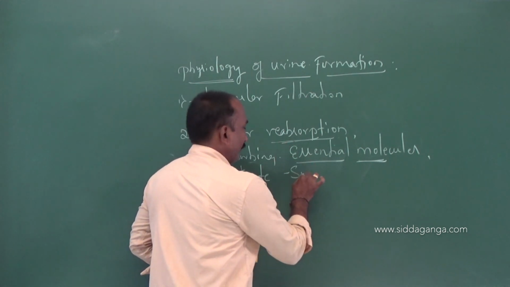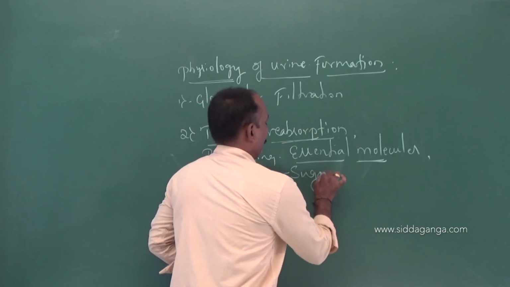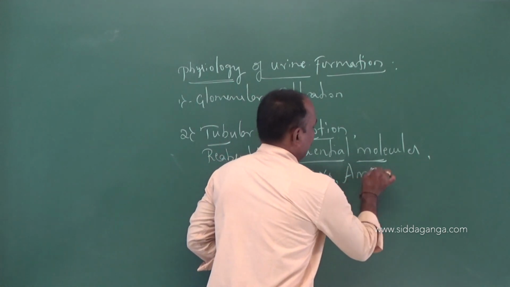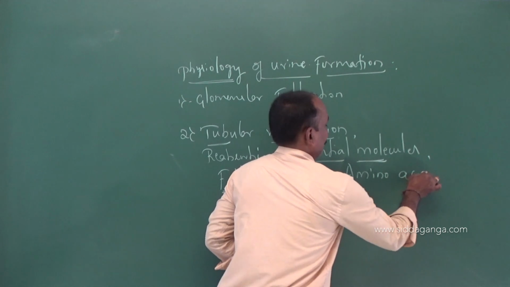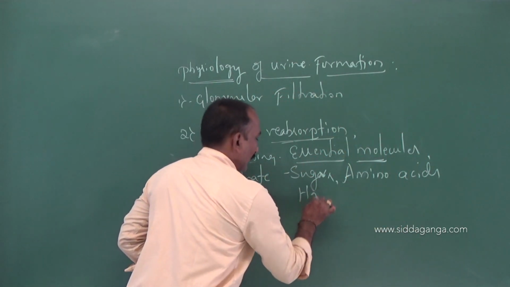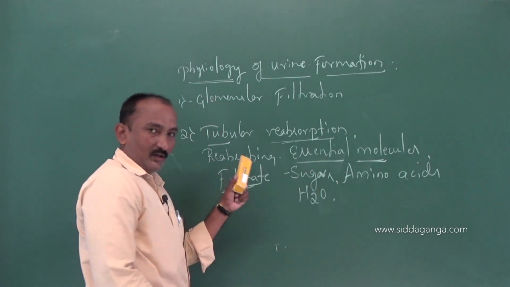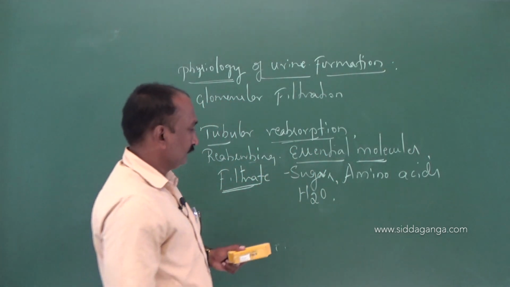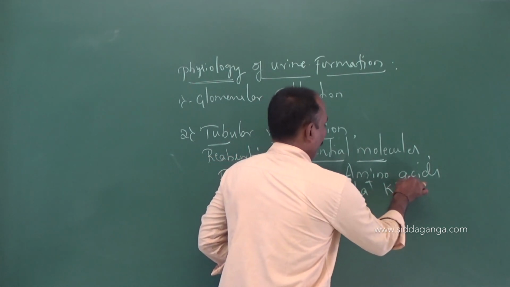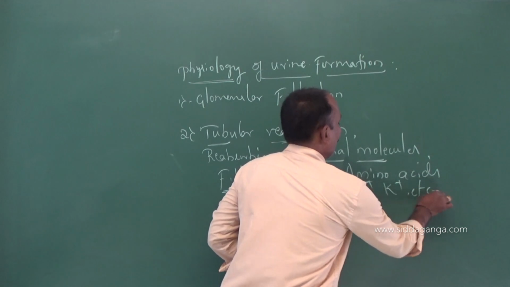Either it may be sugars, or amino acids, or even water. Water is also one of the essential nutrients, and also ions like sodium, potassium, and so on.